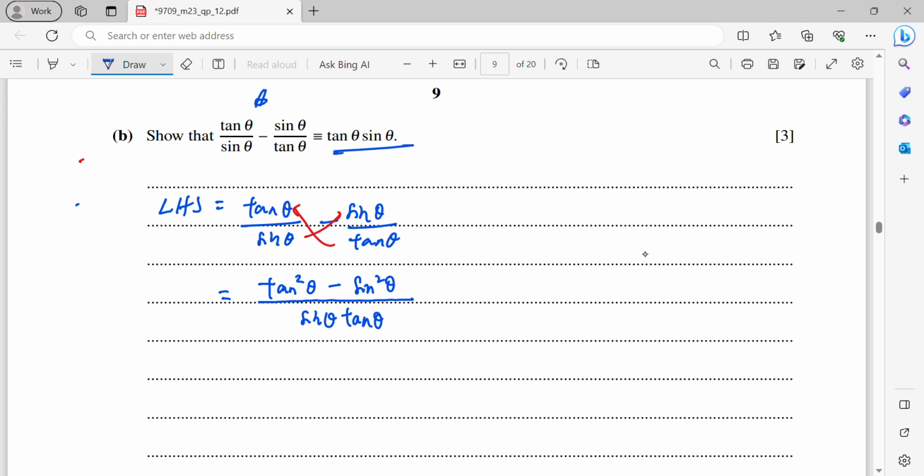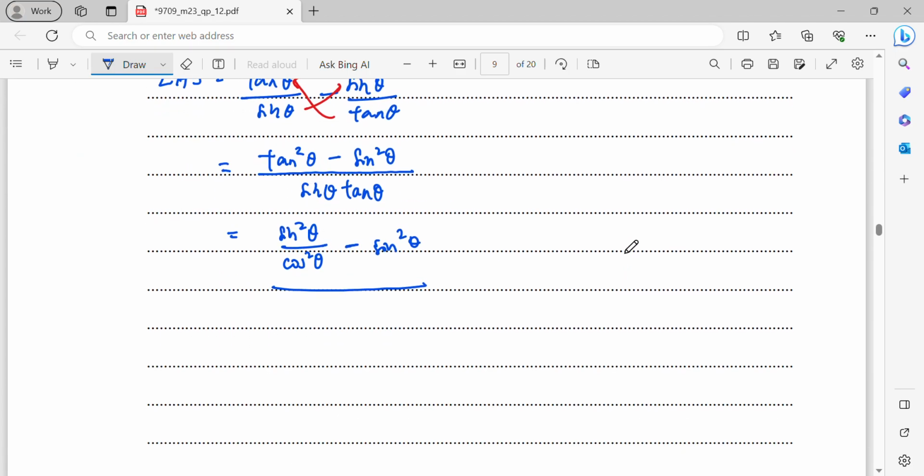But when you refer to the question here, I need tangent theta sine theta. So what I need to do is change the tangent squared itself to sine squared theta over cos squared theta. I will change everything to sine and cos first before I change back to tangent for the final answer. So here minus sine squared theta, then divided by sine theta times tangent theta.